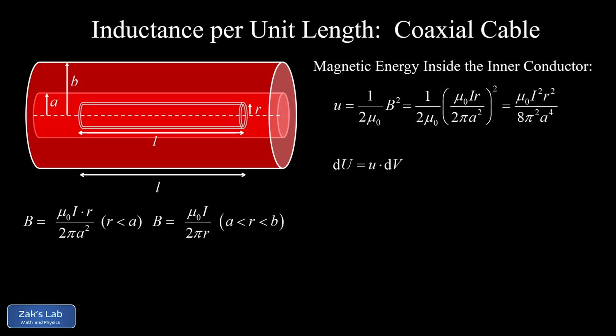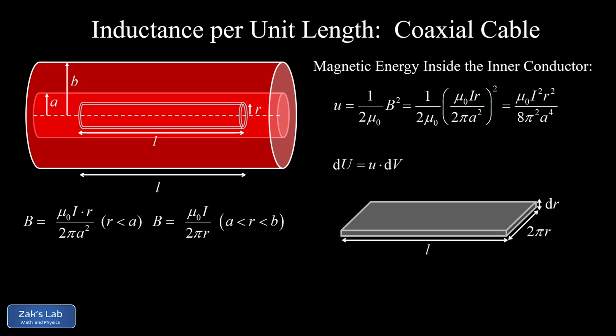Now to get dV, the volume of that shell wall, we're simply going to slice the shell lengthwise and unroll it into a rectangular slab. And the length of that slab is l. The width corresponds to the former circumference before we unrolled it, so that's 2 pi r, and the thickness is dr. So this gives us dV equals 2 pi r l times dr.